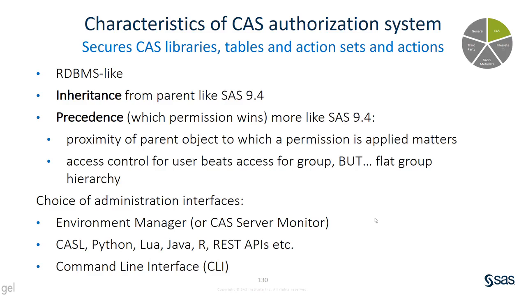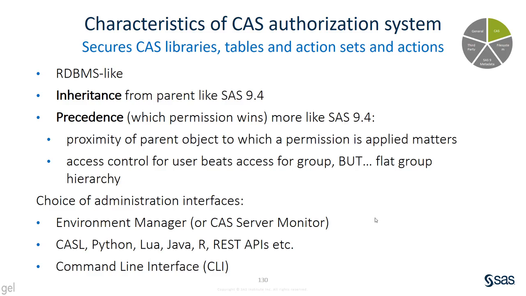Inheritance is from parent to child, similar to 9.4. Precedence is a little bit more like 9.4 than the general authorization system is. So the proximity of the parent object to which a permission is applied is important in the CAS authorization system. And in terms of access controls, the access control for a user beats the access control for a group.